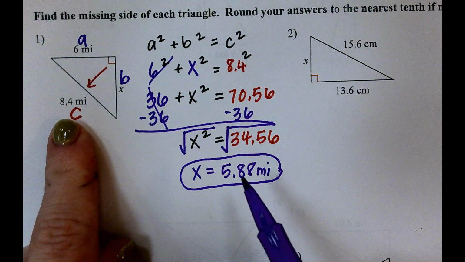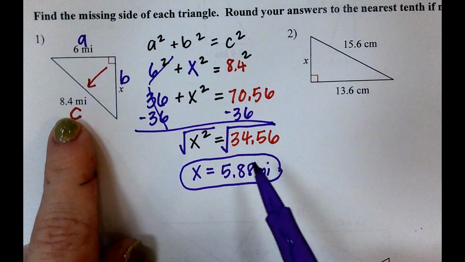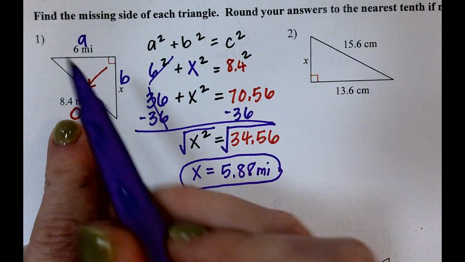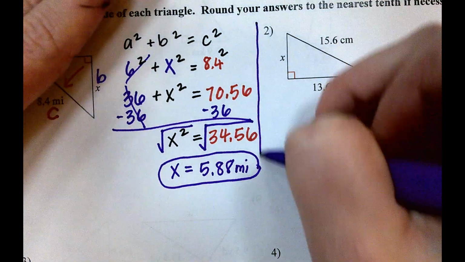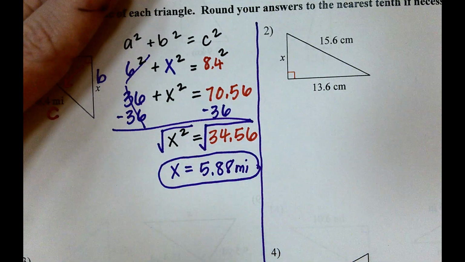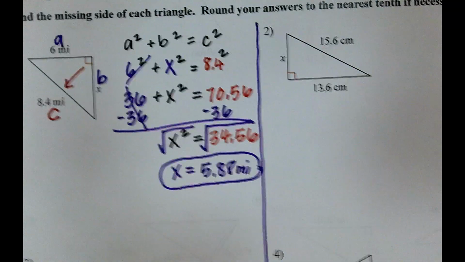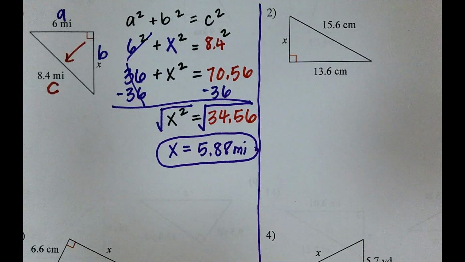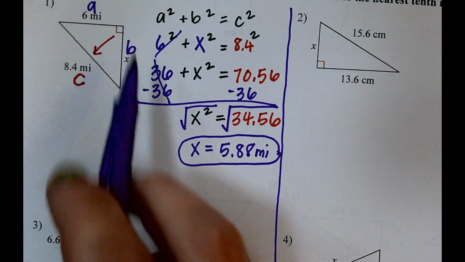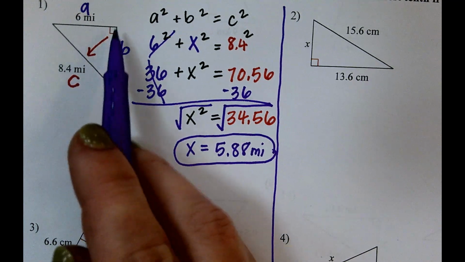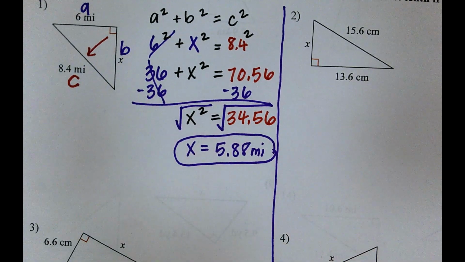But our answer makes sense. 5.88 and 6. 8.4 is longer than both, so that makes sense. Anytime the longest side is across from the 90-degree angle, it's automatically the hypotenuse. The hypotenuse is always the longest side and it's always across from 90.